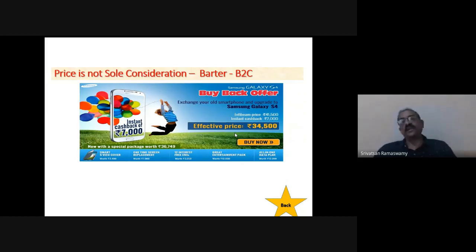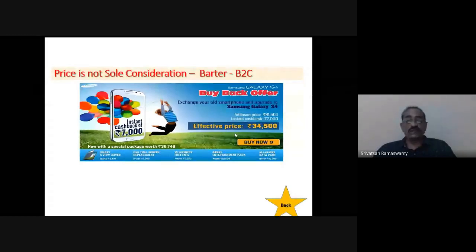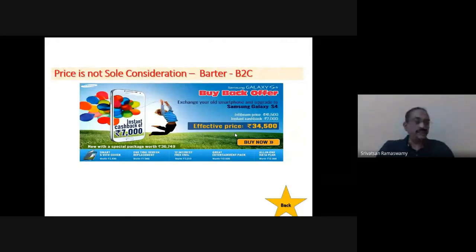They say that they will be giving you 7,000 rupees as instant cashback, and the effective price is 34,500. Okay, so now you will have to let me know, what is the transaction value on which this tax is liable to be paid? Is it 41,500 or 34,500? This will have to be understood clearly, because the amount that you pay is only 34,500, whereas the cost of the product is 41,500.